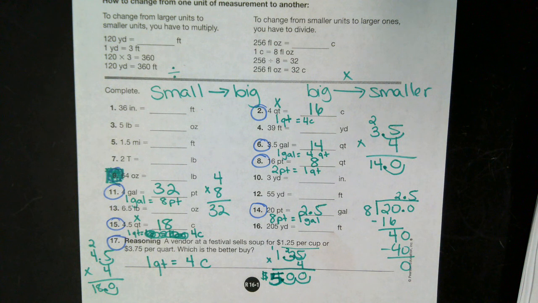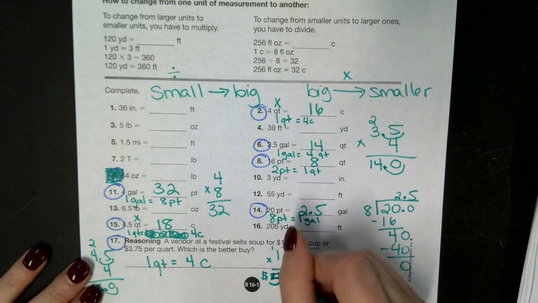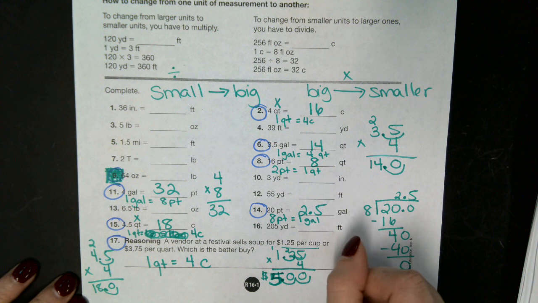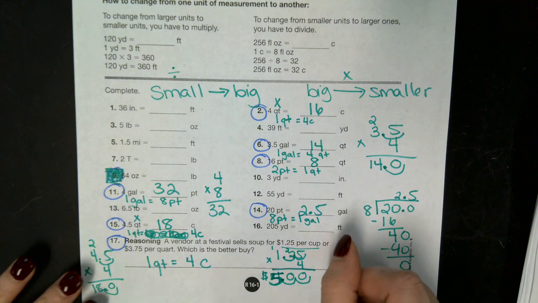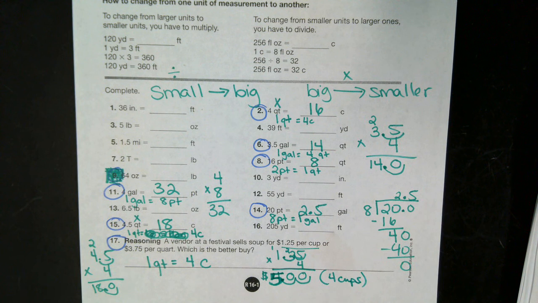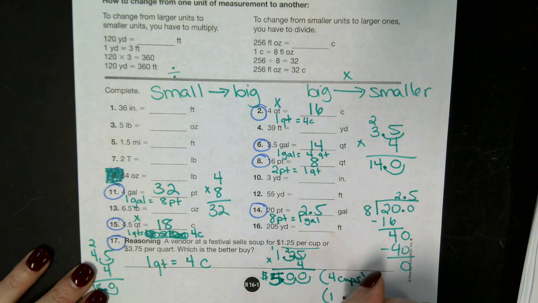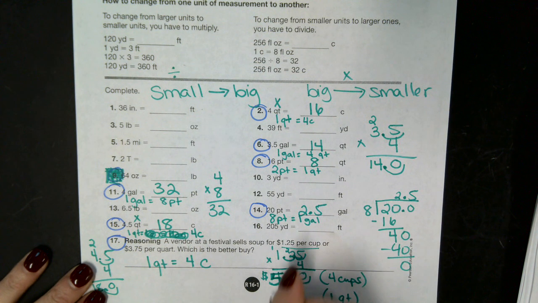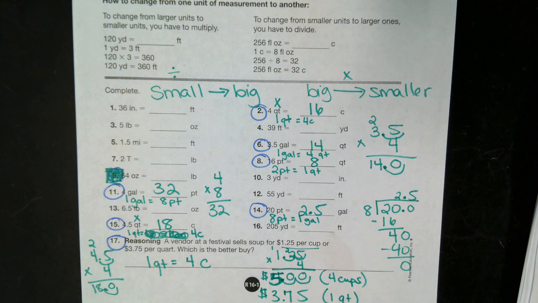But I could buy a quart. So if I buy 4 cups, that's how much it will cost. But if I buy just 1 quart of soup, $3.75. So what is the better deal?